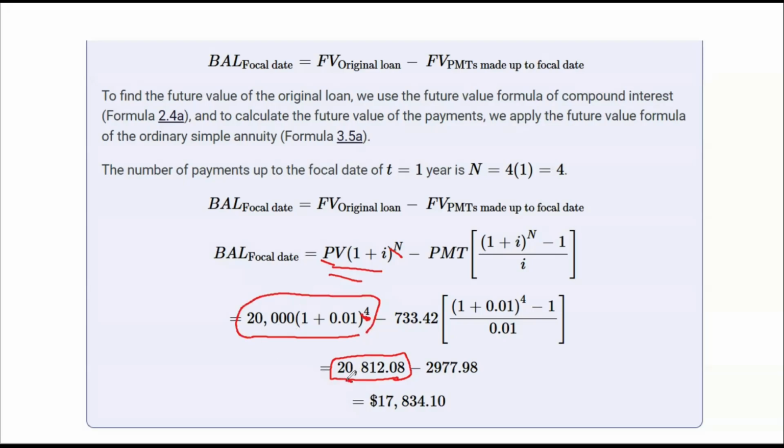How much you pay, the payment is $733.42 times all of this, the future value of the payments made up to that date. So you end up paying $2,977.98. So you actually owe them now this amount of money.